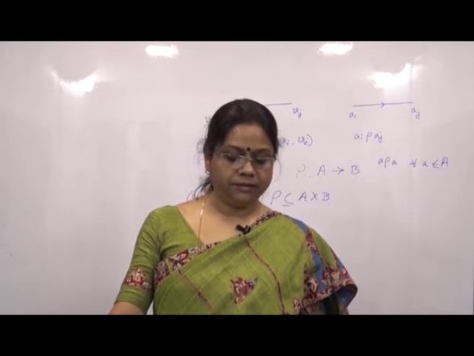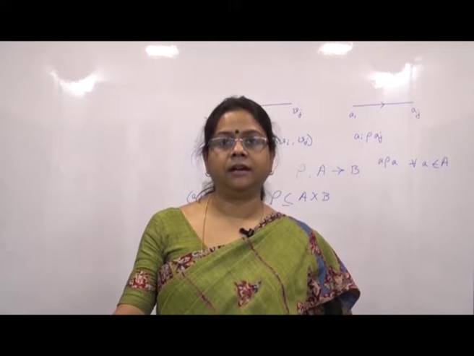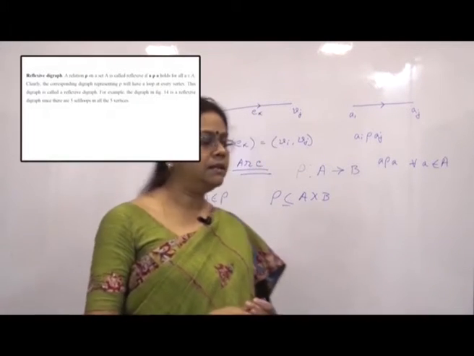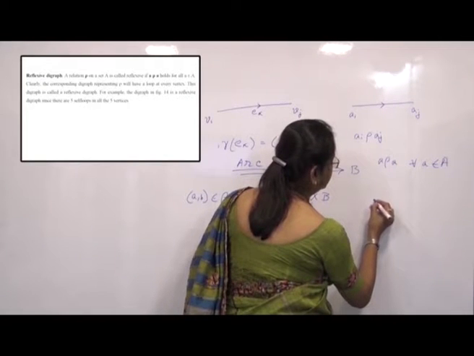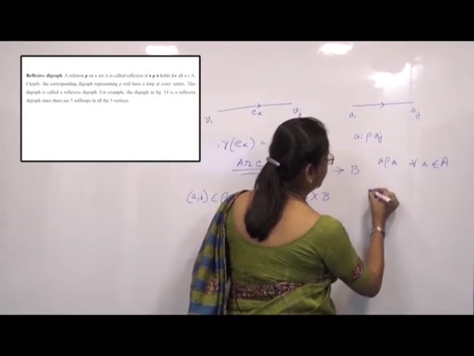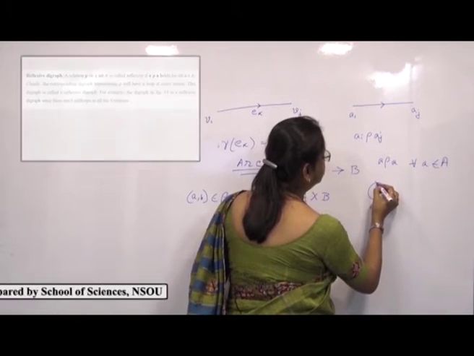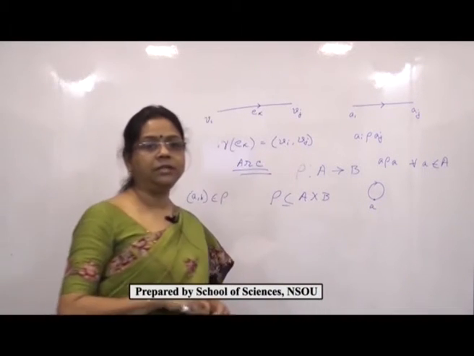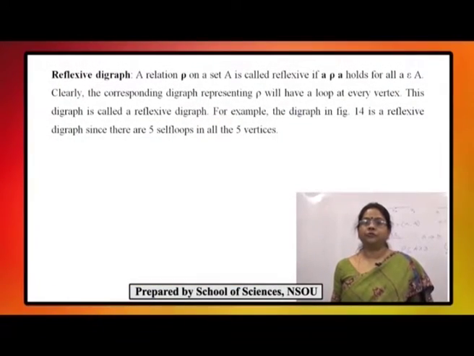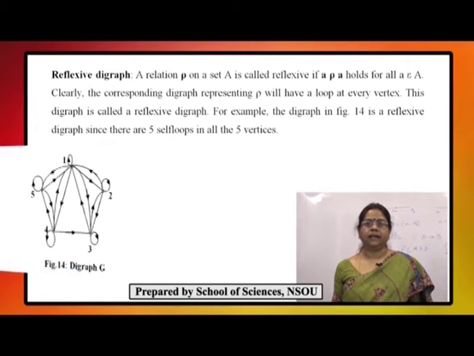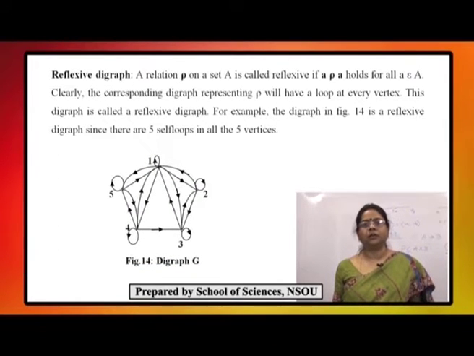So the representative digraph should contain, if this is the vertex A, A rho A means there is a self loop on the vertex A, and this should be true for all A in A. So clearly the corresponding digraph representing rho will have a loop at every vertex.